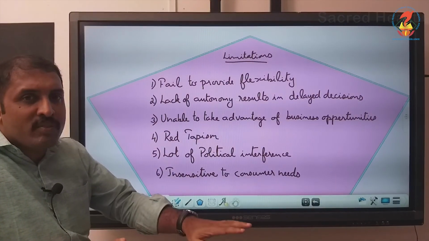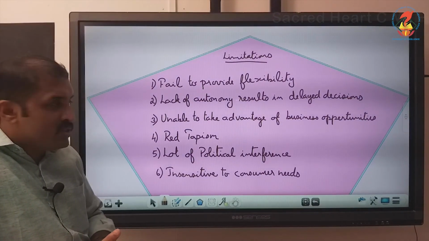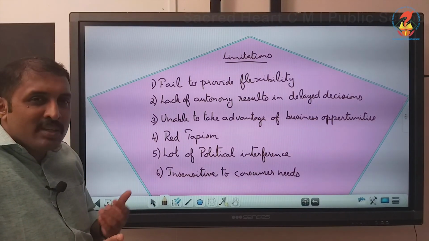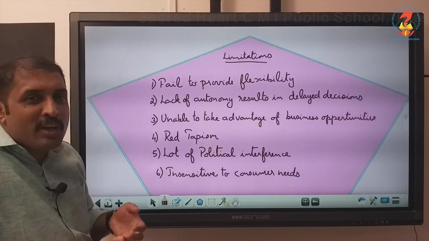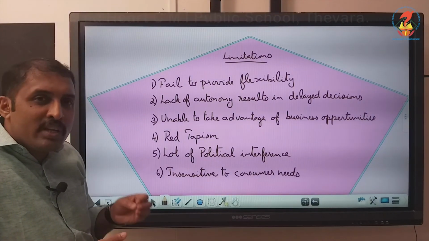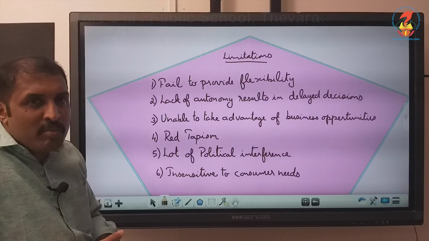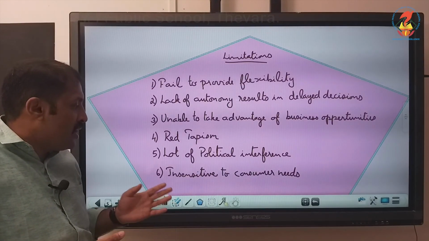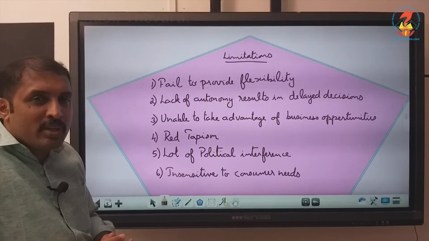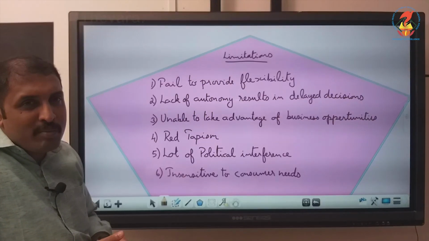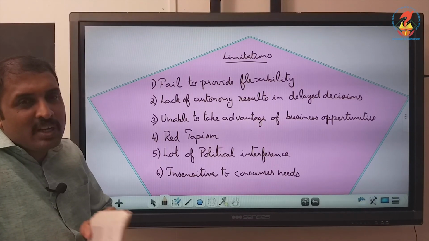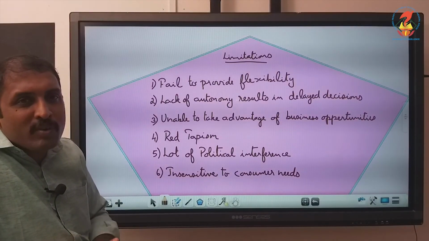As a result, there can be troubles and a lot of political interference, because it is handled by government, and government is formed by political parties. Unwanted political interference can be there in departmental undertaking. And the last one is insensitivity to consumer needs. As it is of government, many times they don't go for a detailed analysis of what is required for the consumer.